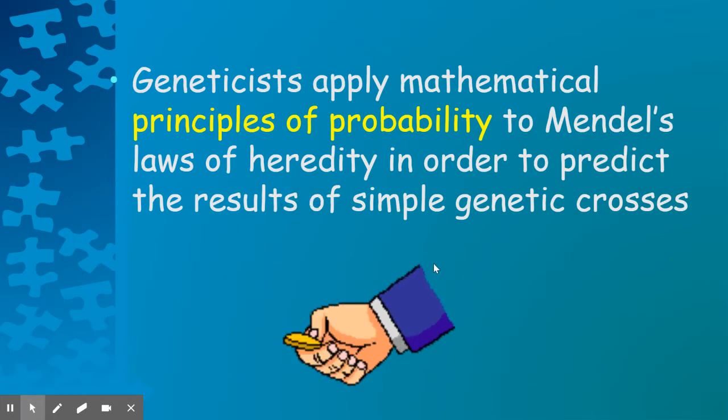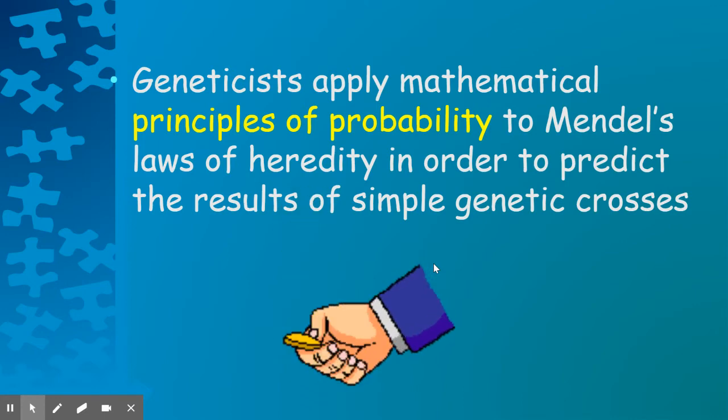So when we try to figure out what the offspring is going to look like when we have a pair of organisms cross, we apply the mathematical principles of probability. So Mendel applied this math. We're not going to do too much math, guys. It'll be okay.